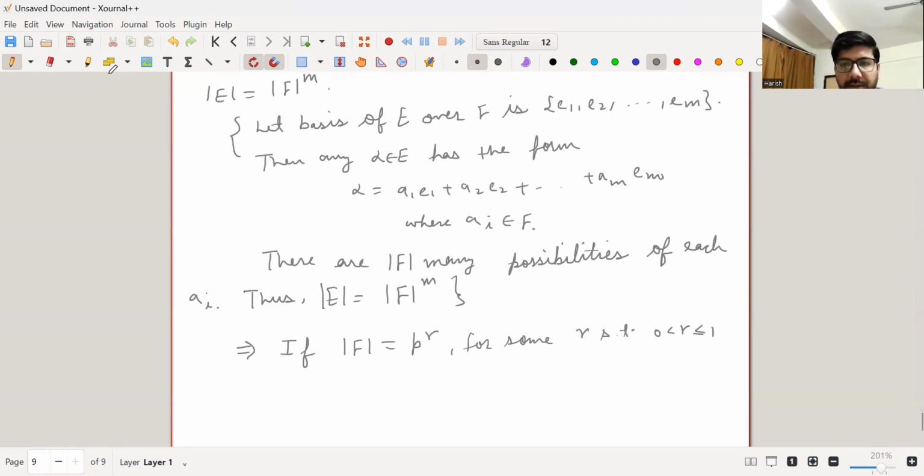Then mod of E is p raised to n, and mod of F is p raised to r, and this is m. So what does this imply?